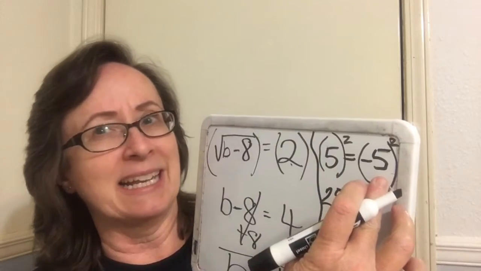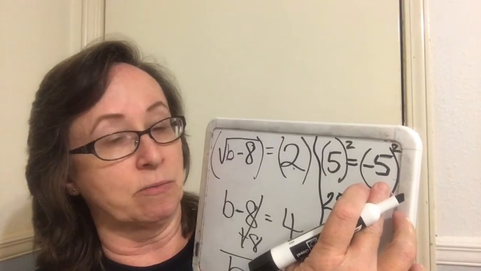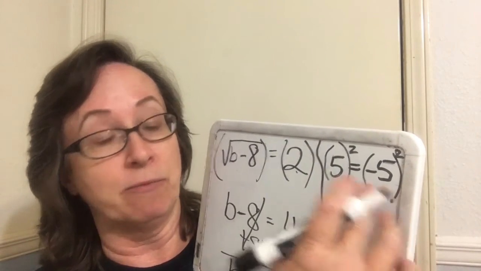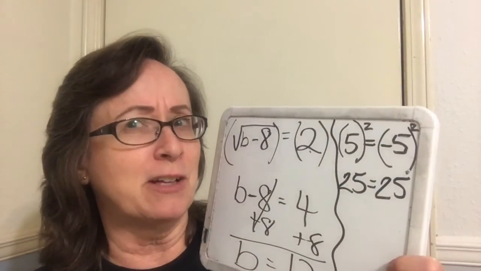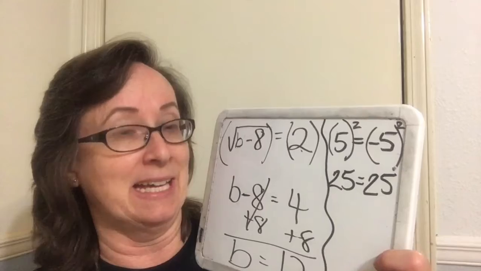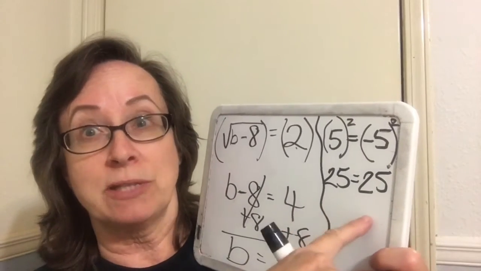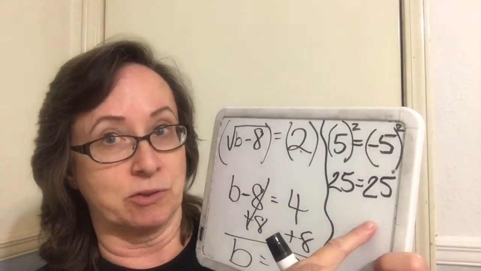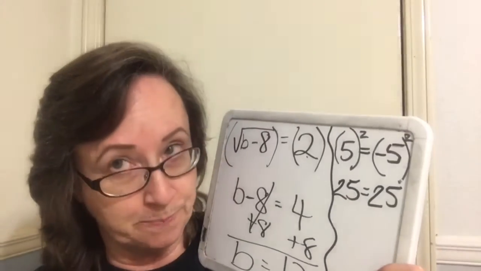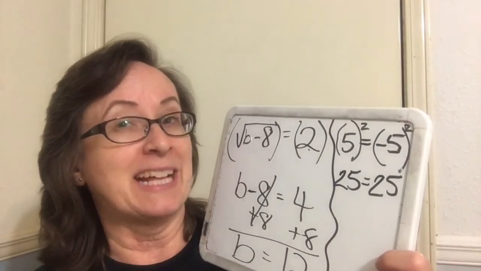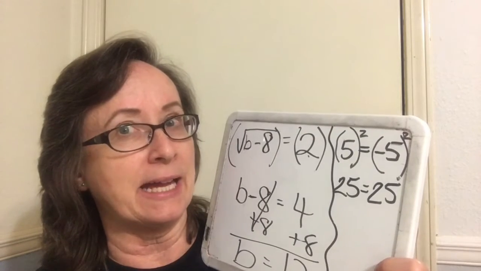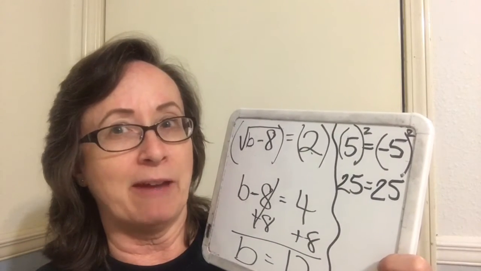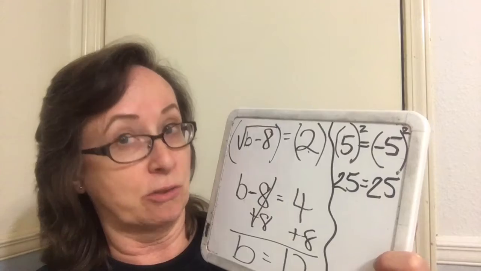And over here I get negative 5 quantity squared, which is negative 5 times negative 5, which is also 25. So starting with a false statement, I squared both sides, and I got a true statement. 25 does equal 25. So that's just a demonstration about how squaring both sides can give you a false solution.